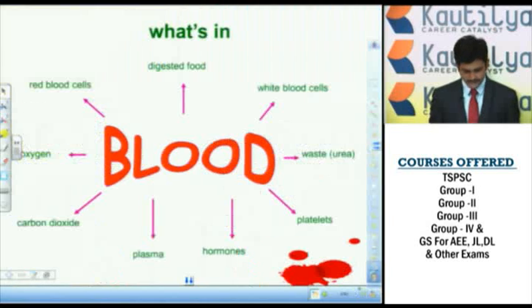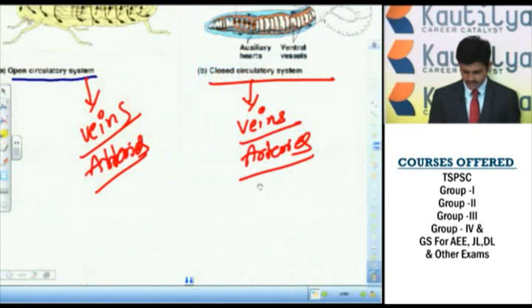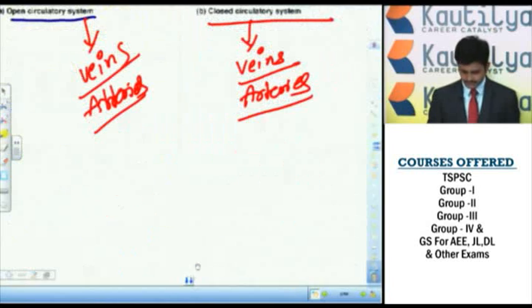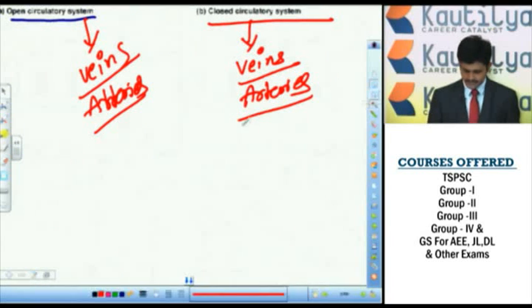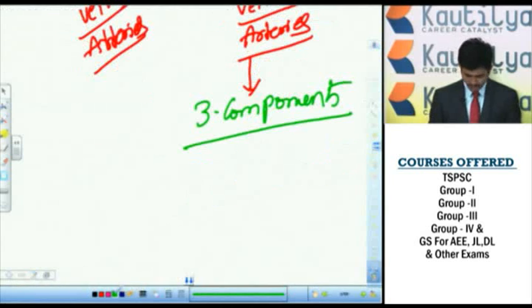And the next one is the components of the circulatory system. What are the components of this closed circulatory system? The closed circulatory system consists of three components. First one is blood.